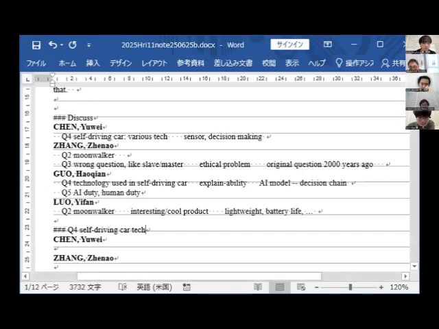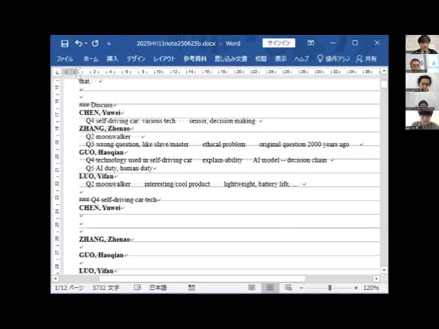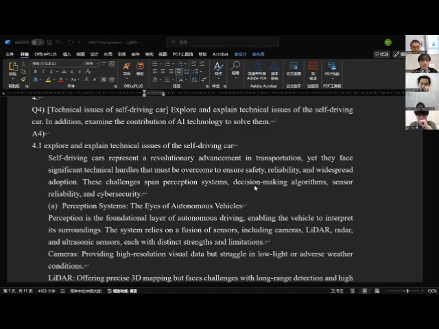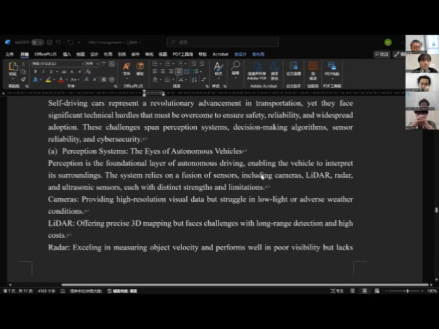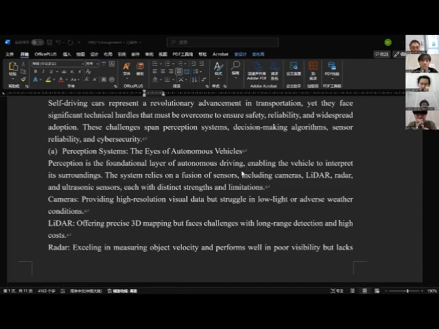Firstly, Mr. Chen Yu, could you please share your thoughts on the question? Self-driving cars represent a revolutionary advancement in transportation, yet they face significant technical hurdles that must be overcome to ensure safety, reliability, and widespread adoption.